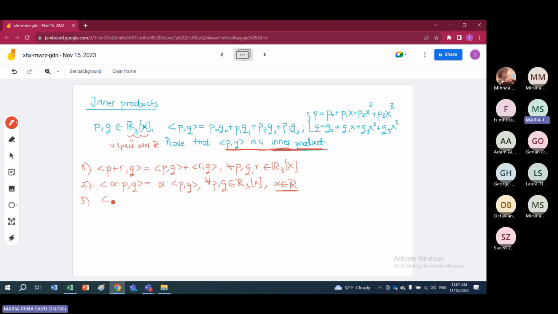You have to prove that QP is actually the complex conjugate of PQ for every P and Q in R3 of X. And in the end, you have to prove that P dot product with itself is greater than 0 for every polynomial P different from the null polynomial.